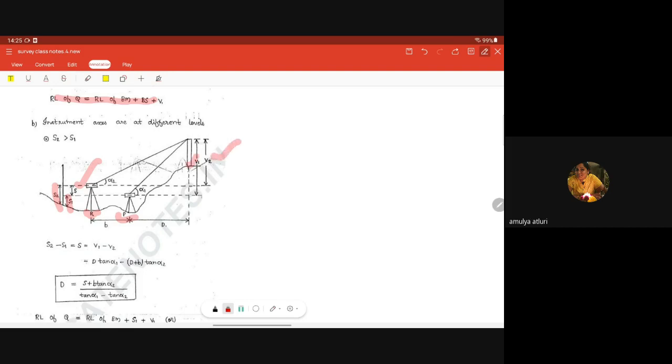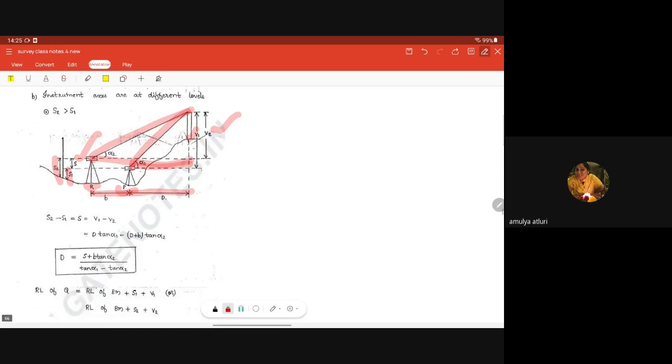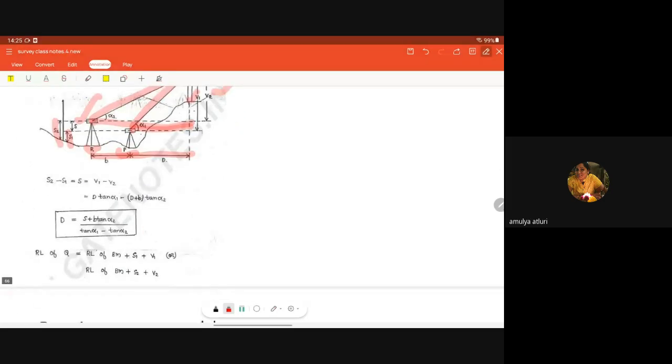What is V1? d tan alpha 1. What is V2? (d plus b) tan alpha 2 is V2, right? So from this, the distance d is equal to (S plus b tan alpha 2) divided by (tan alpha 1 minus tan alpha 2).